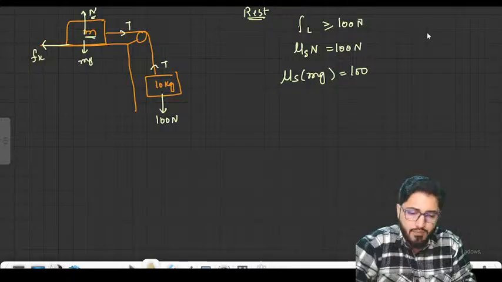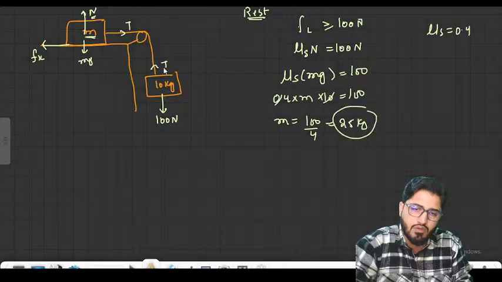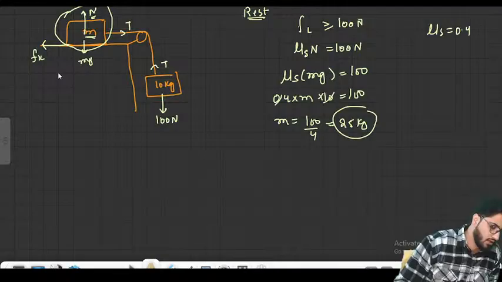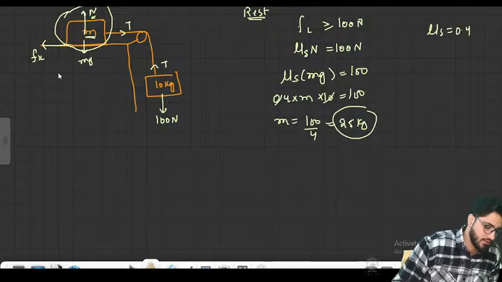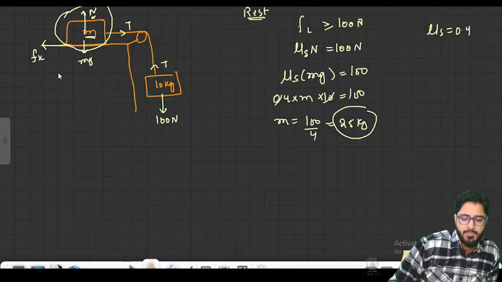Let us suppose μs is 0.4, I can write here 0.5 into 10 equals, cancel out, so my m. This way everything will be at rest. That is only possible if the mass of the upper one is minimum 25 kilogram. The mass could be more than 25, but the minimum barrier is 25 kilogram only.